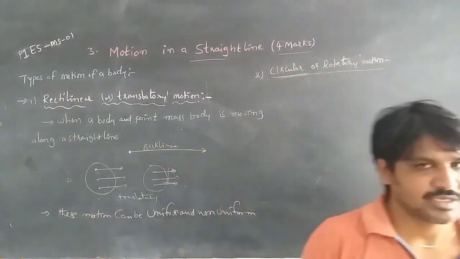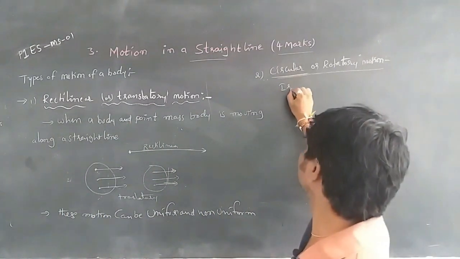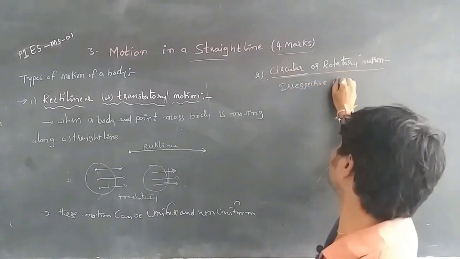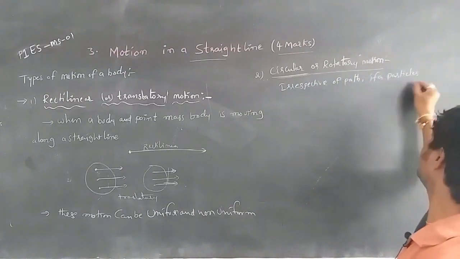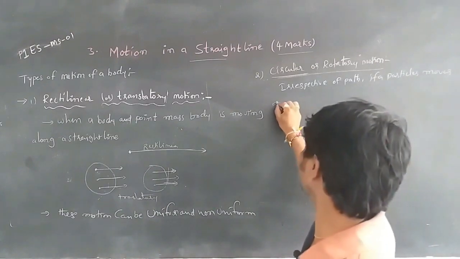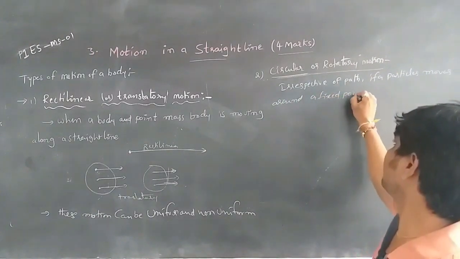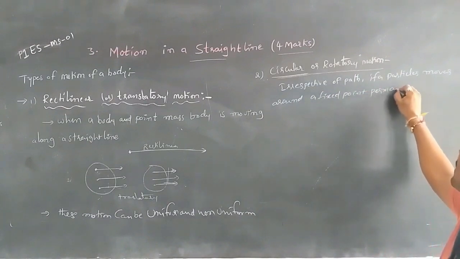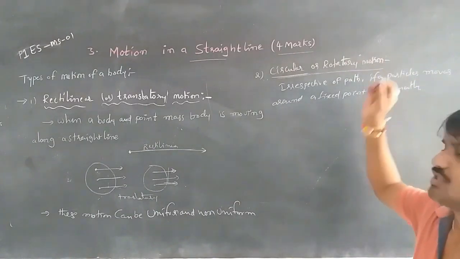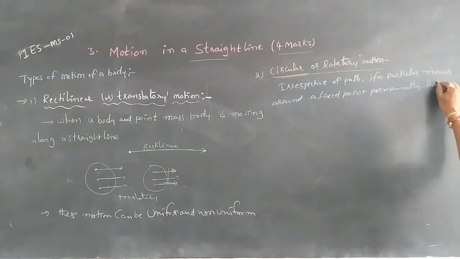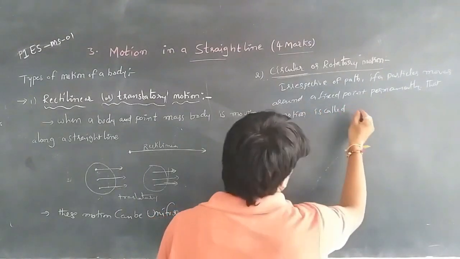Here, circular or rotatory motion means, irrespective of path, if a particle moves around a fixed point permanently, that motion is called a rotatory motion.